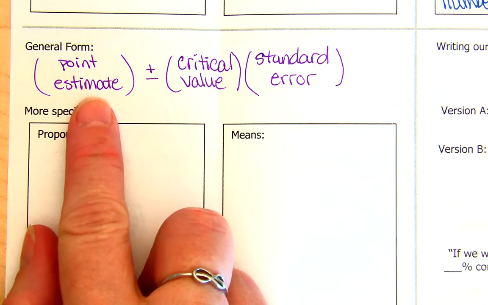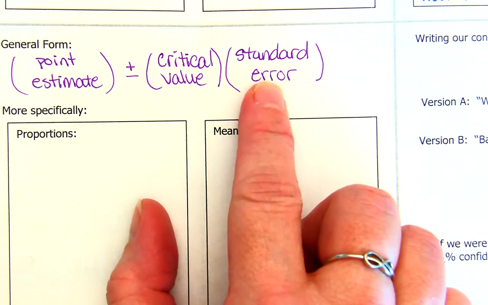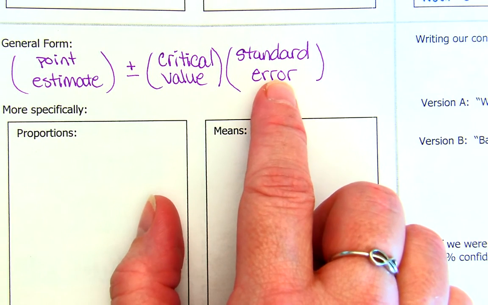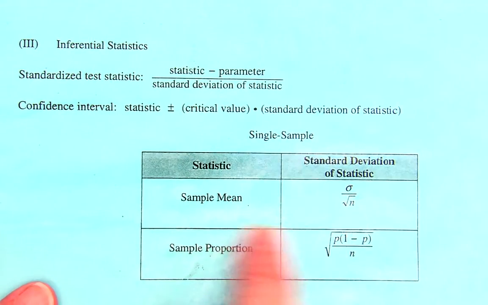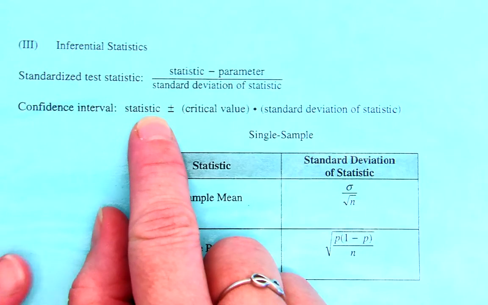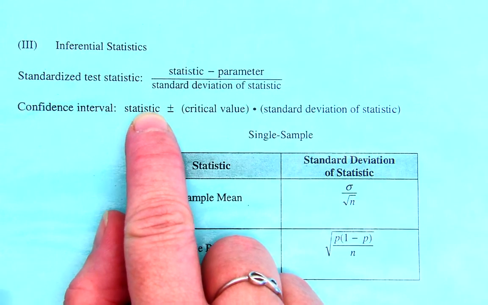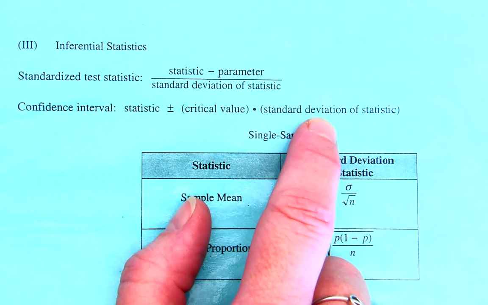So point estimate, value from the sample that was calculated. Critical value, that's going to be from the table. And then this is your standard deviation or standard error. So on the formula sheet, it's right above these formulas here on the inside. So your confidence interval is your statistic, so the value from the sample, times critical value, and then standard deviation.